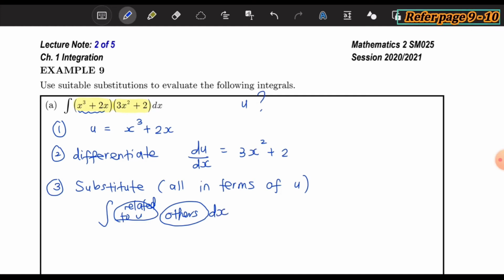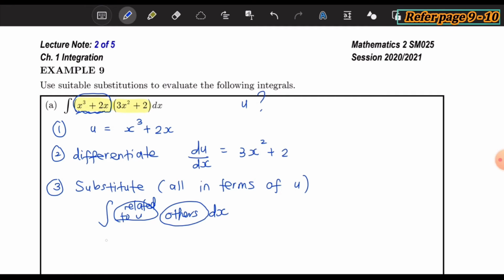So for this case, our u is the first function, which is related to u already. So we don't have to rearrange the order of the function.